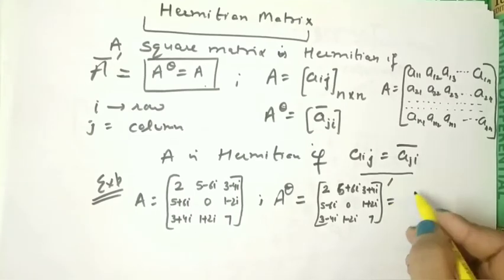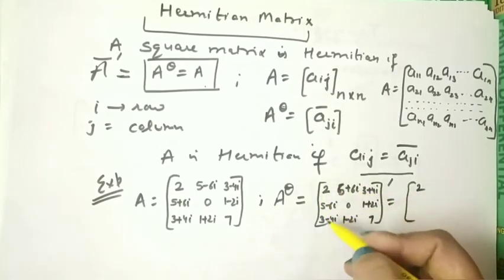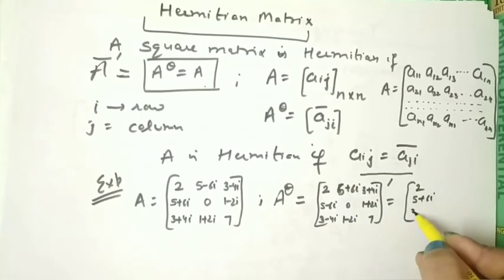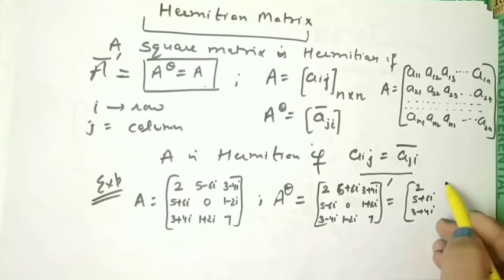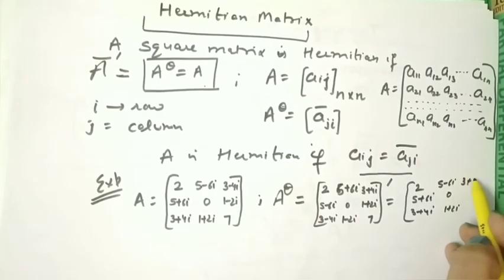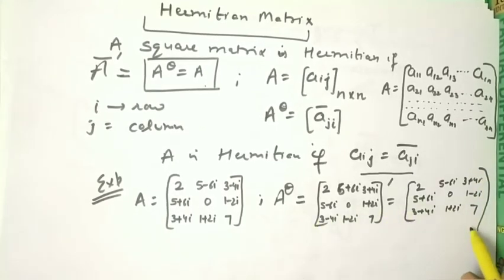And the transpose means you have to write the rows as columns. I'm writing these. Now this is A theta. Now you have to see whether A theta is A or not.